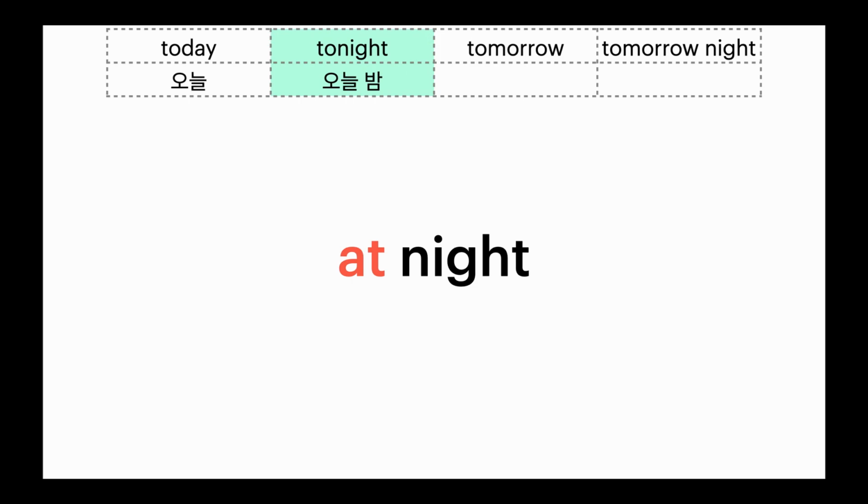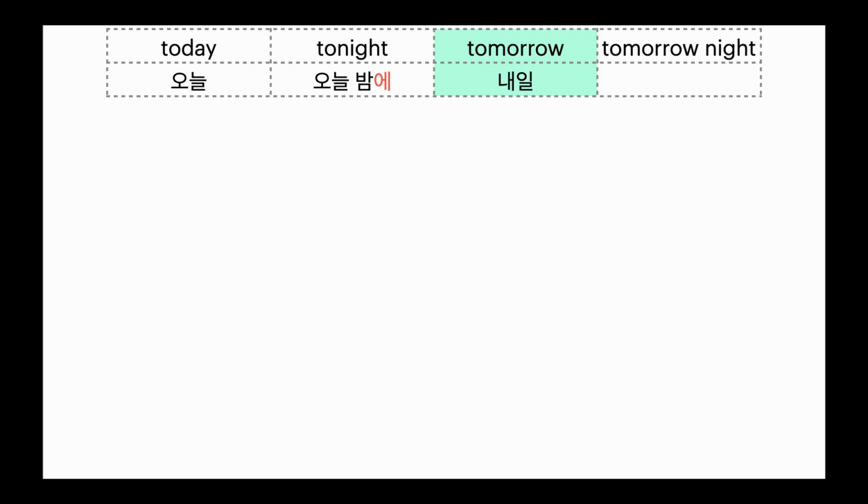And in Korean they specify this by adding 에. 오늘 밤에. Tomorrow. 내일. Tomorrow night. 내일 밤. And again, we will add 에. 내일 밤에.